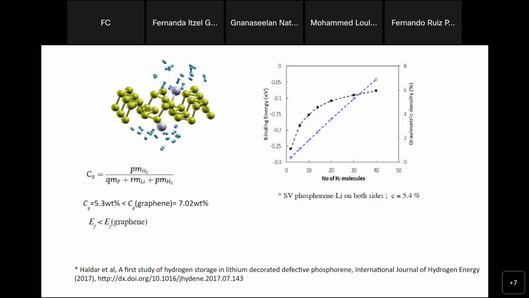We increase the number of molecules until we reach a value that gives the maximal allowed binding energy.